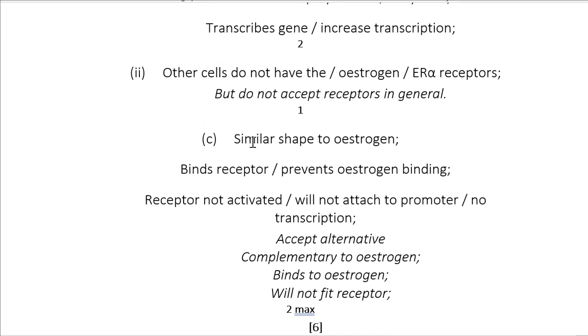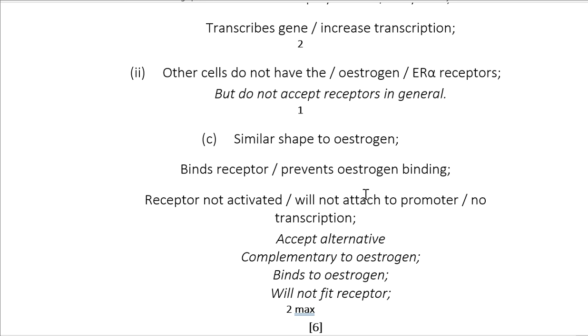Endoxifen has a similar shape to estrogen. So what happens? Endoxifen binds to the receptor. Which receptor am I talking about? It's not a receptor really. It binds to the transcription factor called estrogen receptor. So this prevents that transcription factor from being activated.